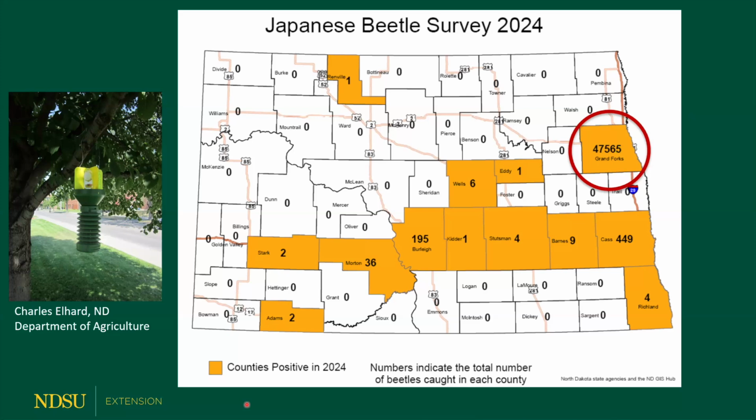They had over 200 traps out in the state this last year. The next highest spot is Cass County, at 449. So we haven't really established Japanese beetle as a big pest problem causing defoliation in soybean and dry edible beans yet, but it's something to watch for with that high of a population.